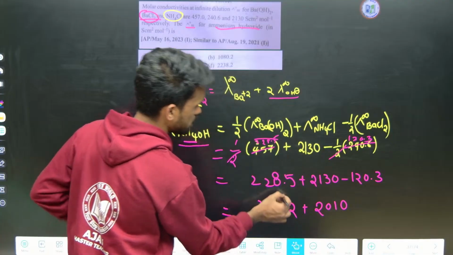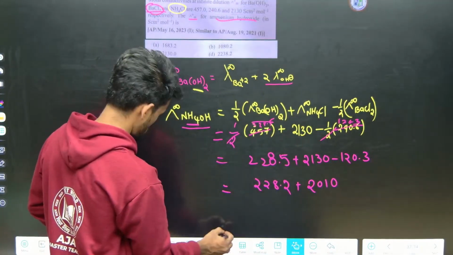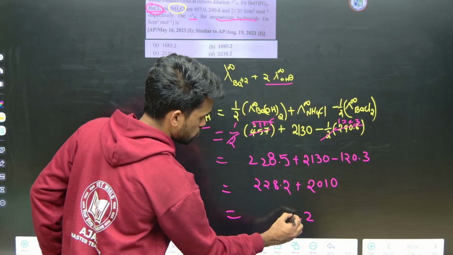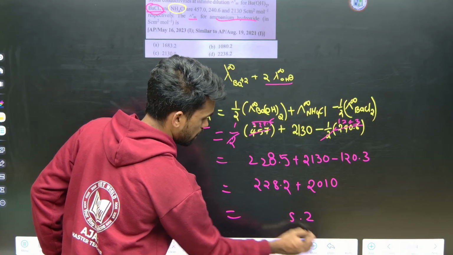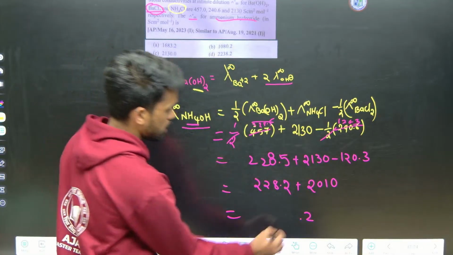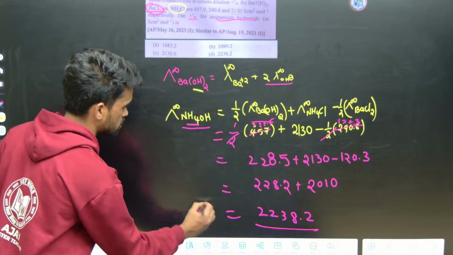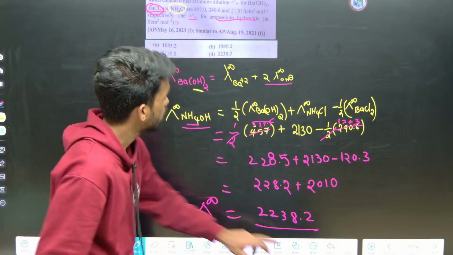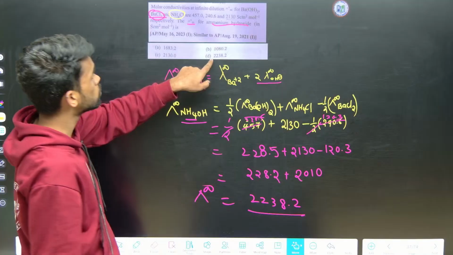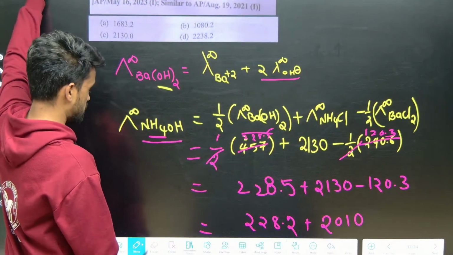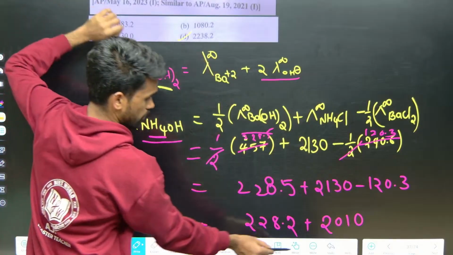Just add these two numbers. It is 2238.2. Yes, 2238.2. So the fourth option will be the perfect answer for the question. Exact answer we got. That's it.